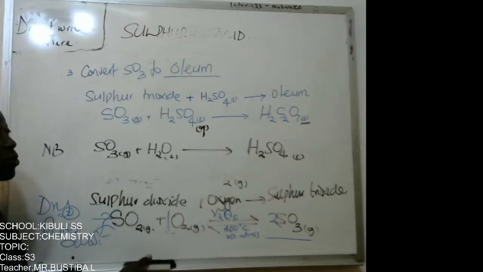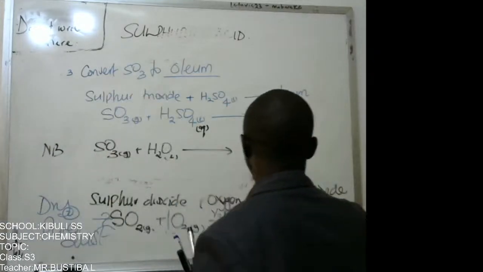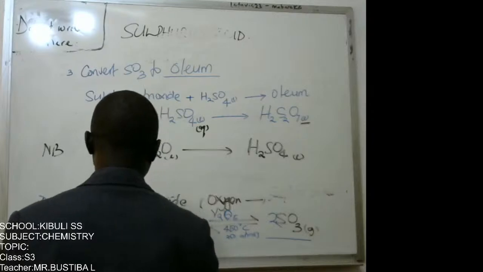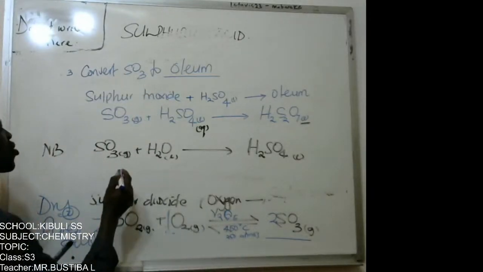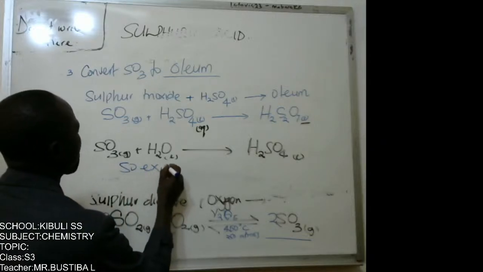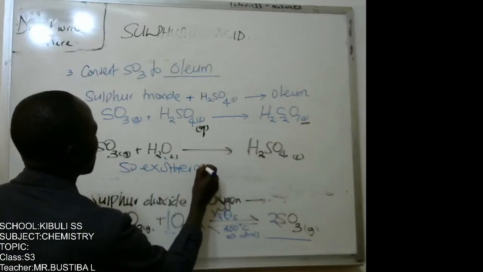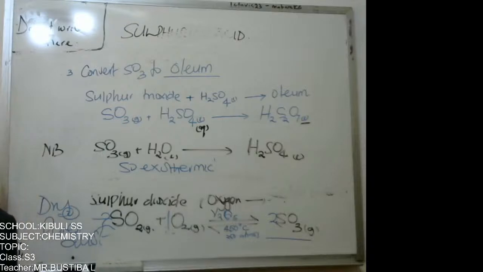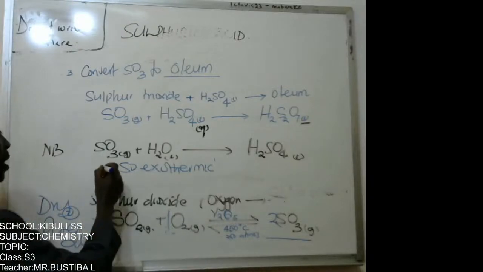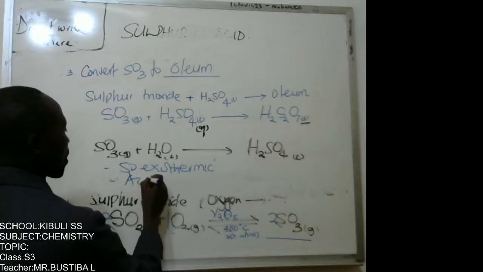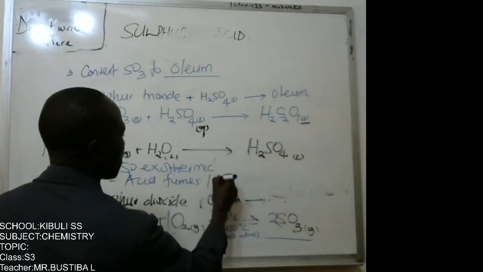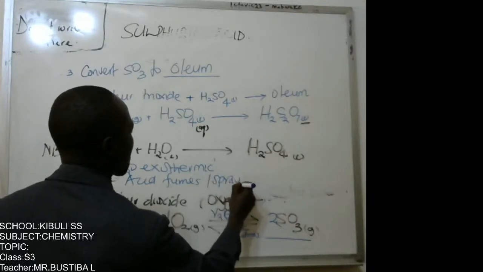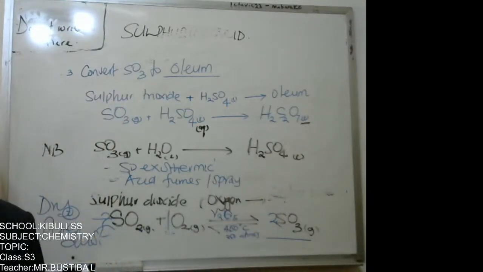This reaction has so many dangers. Number 1, this reaction is extremely exothermic. In chemistry, being so exothermic means it gives out a lot of heat. Other than that, it also gives out what we call acid fumes in the form of spray, in the form of a fountain.